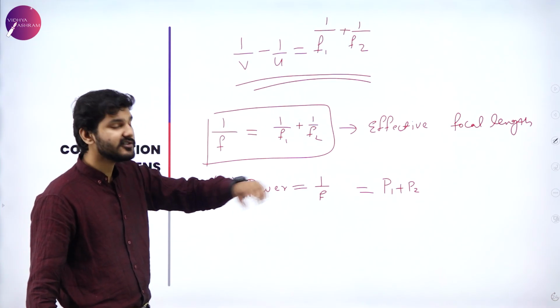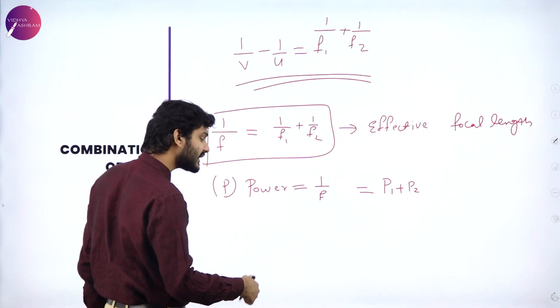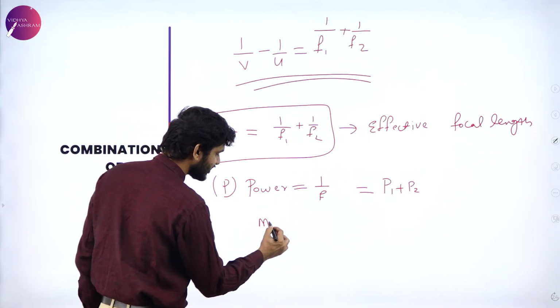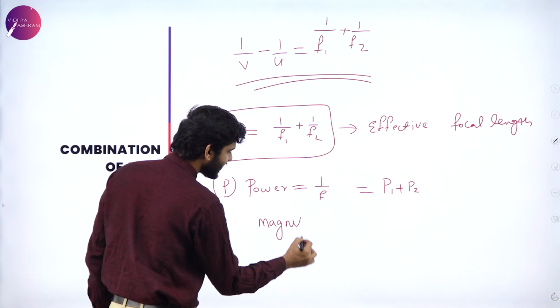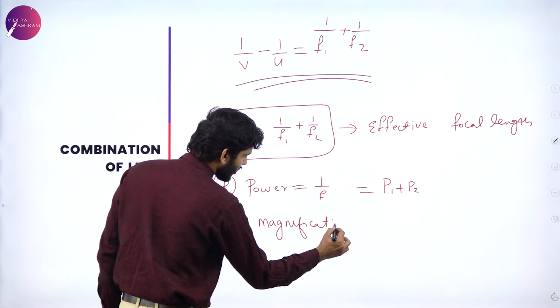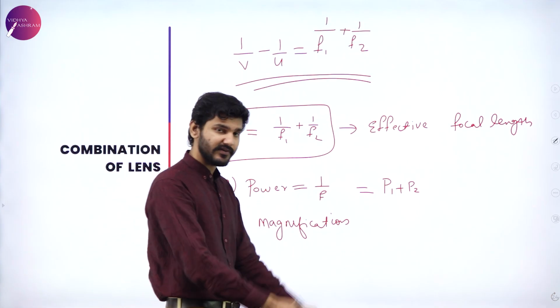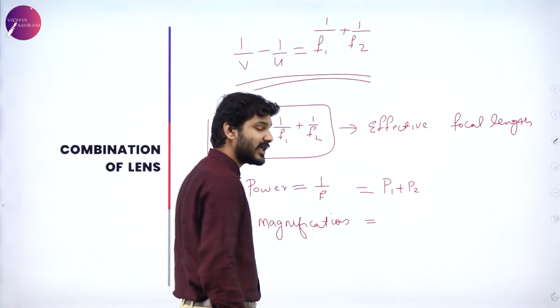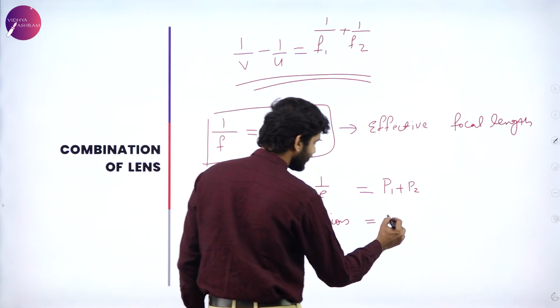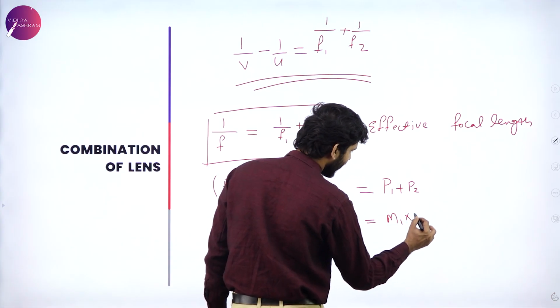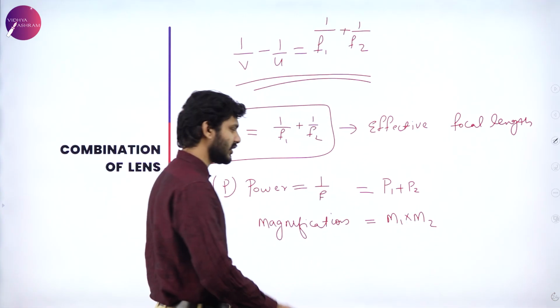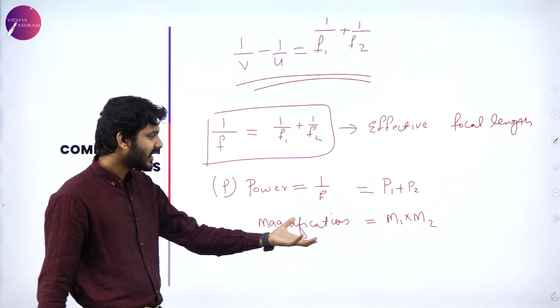That will be the effective power. And the only difference that will come is in the magnification, because if we club together different lenses, instead of being M1 plus M2, it is going to be M1 times M2.